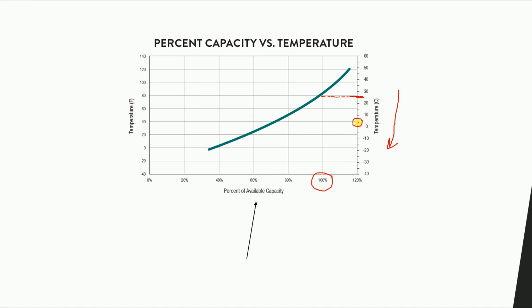If I am operating at 15 Celsius degree, you will find that the available capacity will be about, let's say, 70%. So our battery now has two factors, depth of discharge, and we will have a temperature compensation if you are operating at a low temperature.